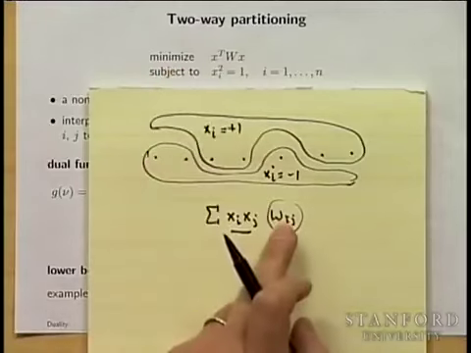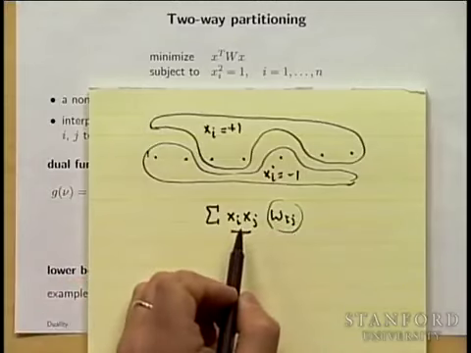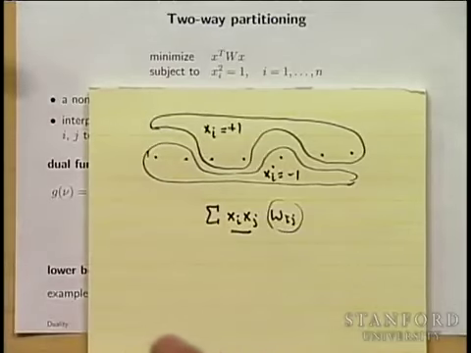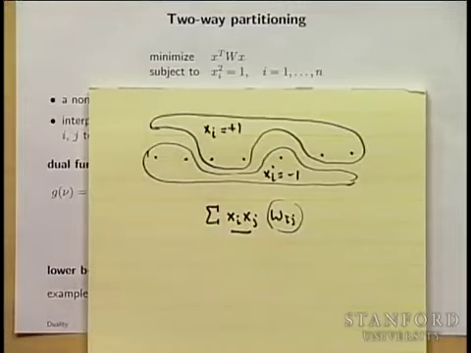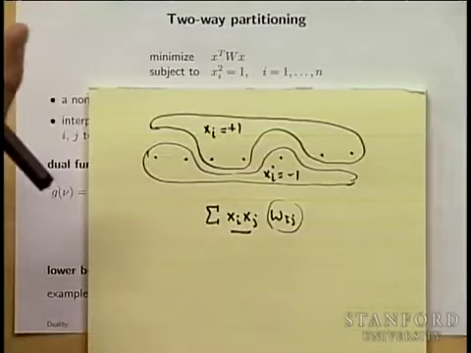Now this is something we want to minimize. Now if xi and xj are in opposite partitions, this is negative. So I think that means that wij is, hopefully I'll get this right, a measure of how much i hates j. Did I do that right?